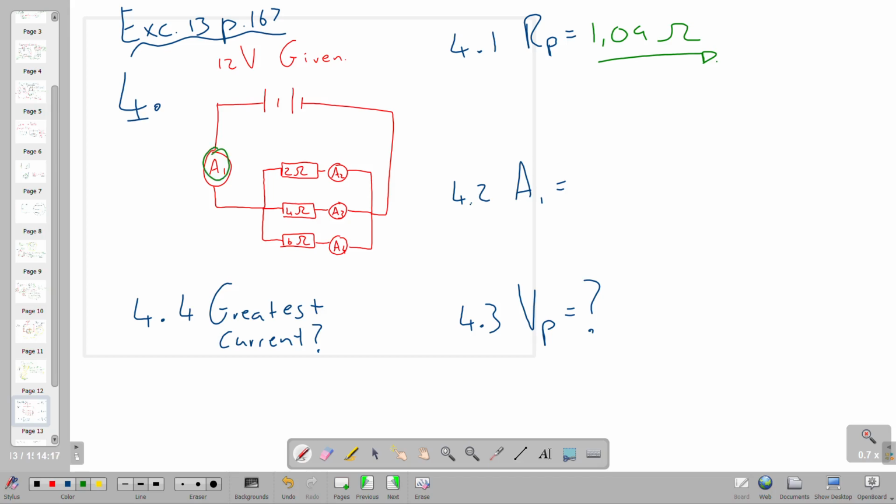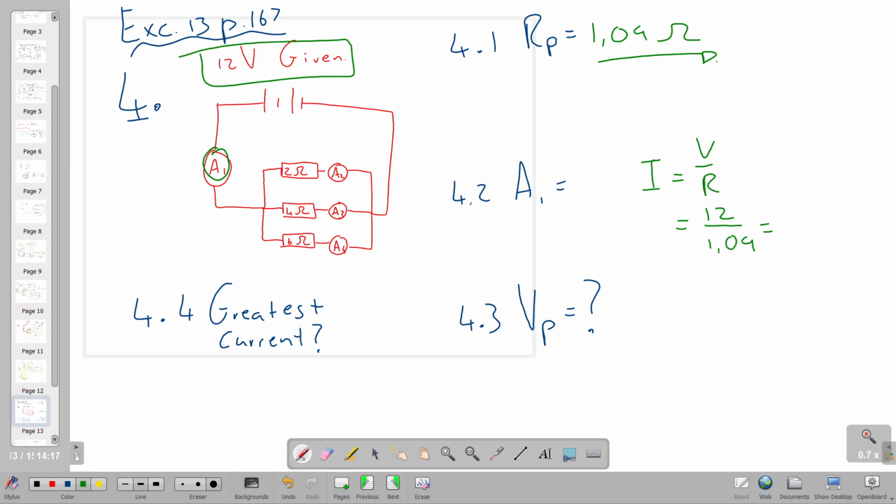We can see that it is my main current, and they tell us that the potential difference of the battery is 12 volts. Alright, so how do we calculate this? Well, we know that I is equal to V over R. What's the potential difference? In this case, it's 12. What's the total resistance? It's 1.09. If you put that into your calculator, we get an answer of, I think it's 11.